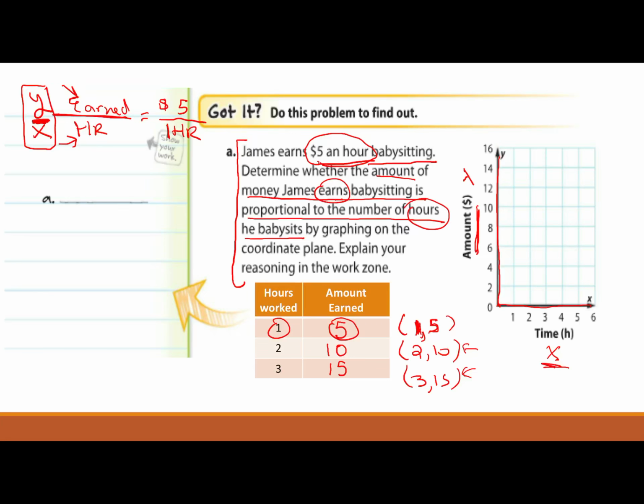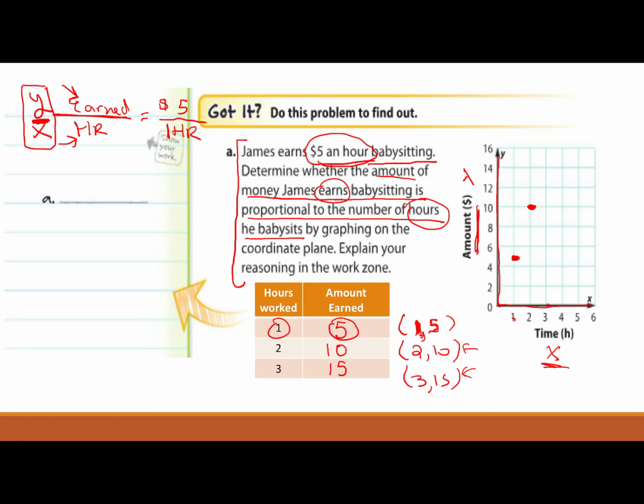So let's go ahead and plot 1, 5. So at the first hour, we're going to go all the way up to 5. 5 is right here between 4 and 6. So the first hour you earned $5. For the second hour, you're going to go up to 10. For the third hour, we're going to go right here to the third hour, and we're going to go up to $15.